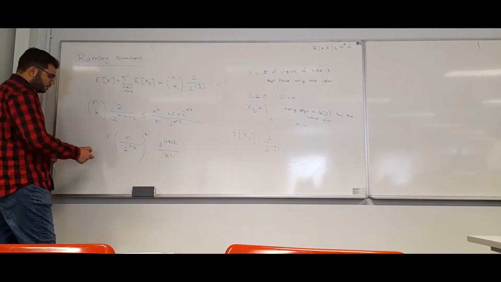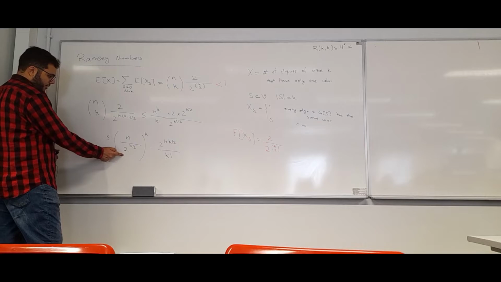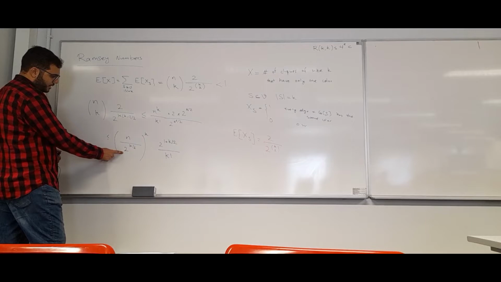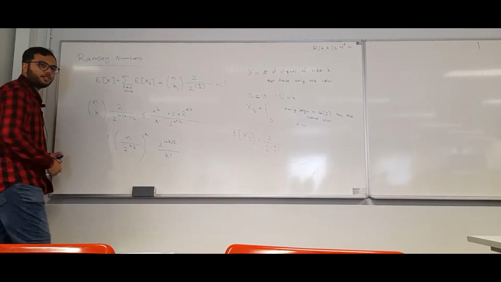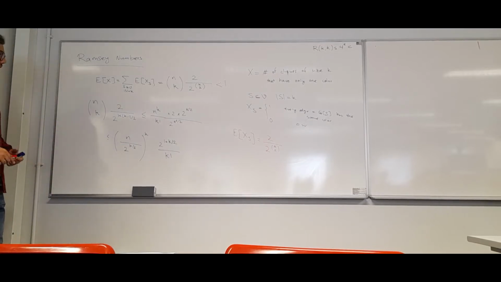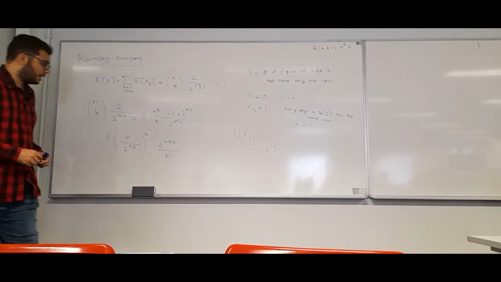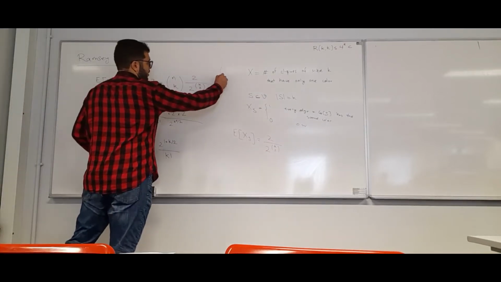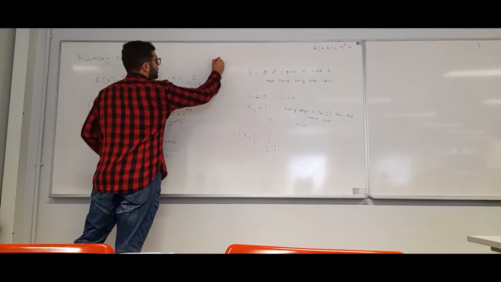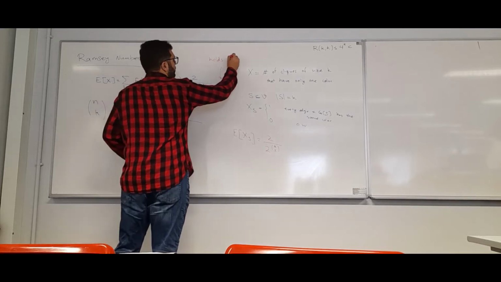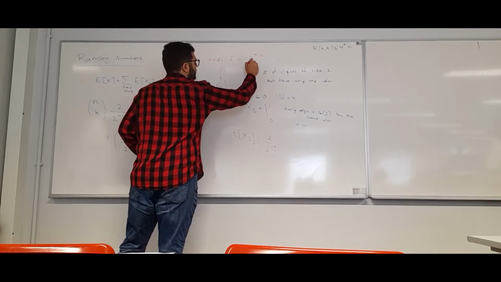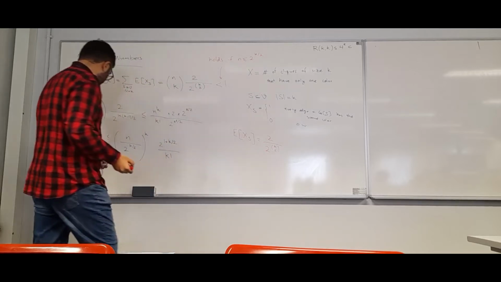So it's enough to ensure that this part is less than 1. And to ensure that this part is less than 1, it's enough to have that n is less than 2 to the power of k divided by 2. Okay? So I can just say this thing holds if n is less than 2 to the power of k divided by 2, even if it's equal.